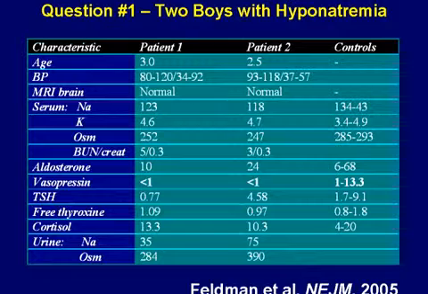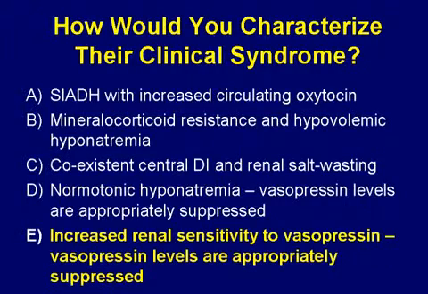Well, if you look at their urine sodium, they're not particularly low or particularly high. It doesn't look like sodium wasting per se. And they clearly have a reduced serum osmolality, measured at 252 and 247 in the two cases. So many of these suggestions are not right. This is not normotonic hyponatremia or pseudohyponatremia.